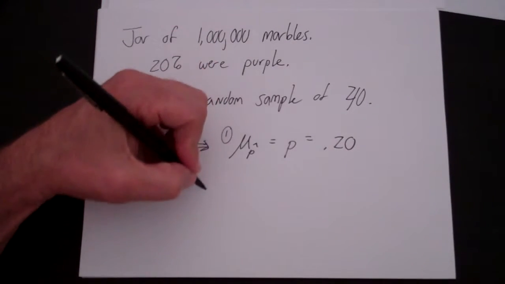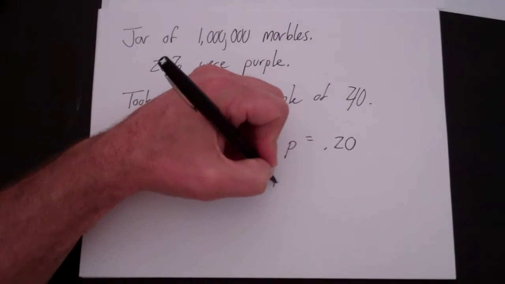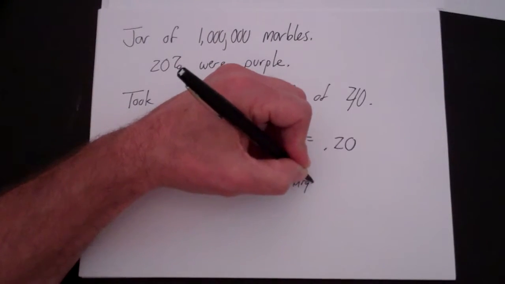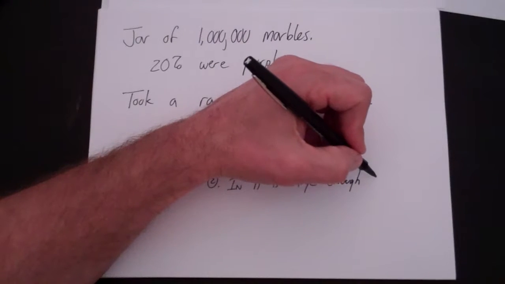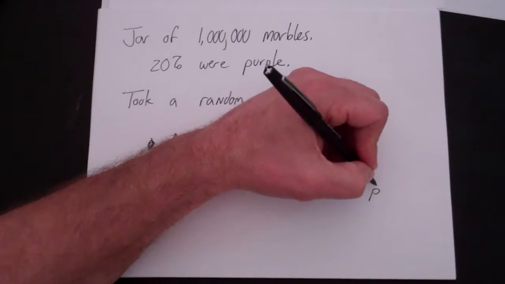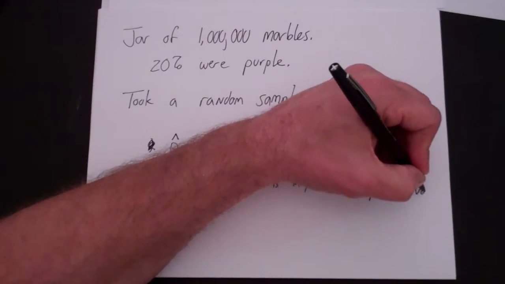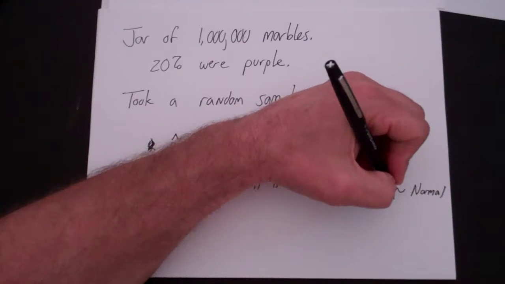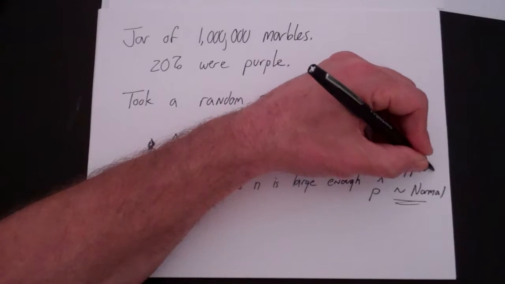The second thing is, if n is large enough, and 40 is probably large enough, then p-hat, the estimator, is approximately normal. It's distributed approximately normal; it's not exactly normal.